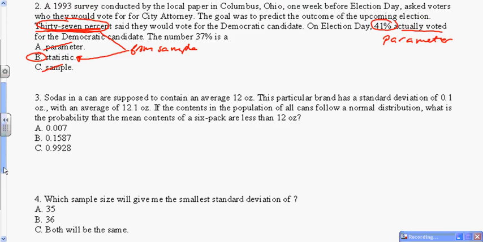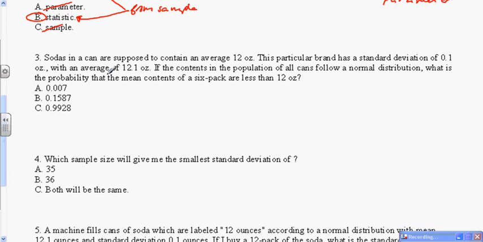So B. Number 3, sodas in a can are supposed to contain 12 ounces. This particular brand has a standard deviation of 0.1 with an average of 12.1. The contents in the population of all cans follow a normal distribution, with an average of 12.1 and a 0.1 standard deviation.